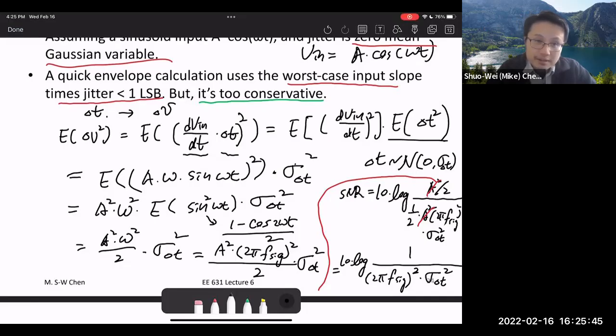On the other hand, if your input frequency is fixed, and you want to improve your SNR, then basically you just need to reduce your clock jitter, right? So you can do this kind of calculation, and then you can go back to whoever designed that clocking circuit and tell them that, hey, you know what? I think you should reduce this jitter, right? You reduce that jitter.